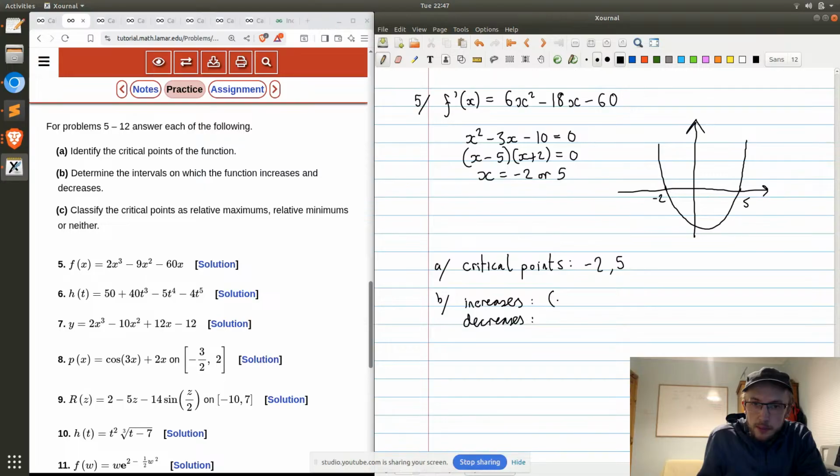Increases from negative infinity to negative 2, 5 to infinity, decreases negative 2 to 5, and classify the critical points. So what I'm going to do is do parts A and C together in the future, if I can.